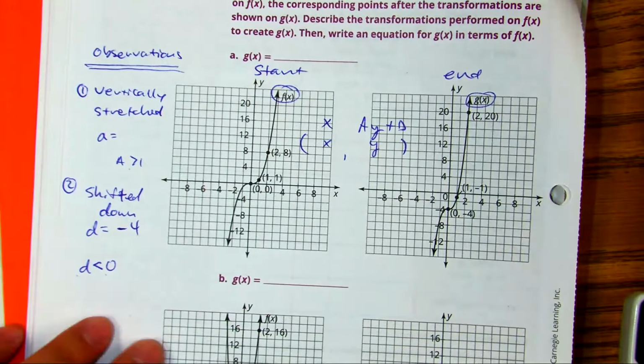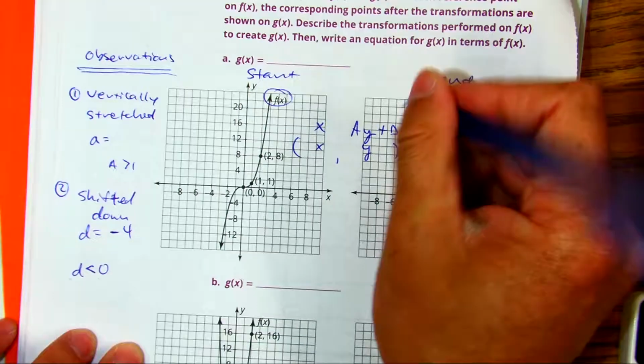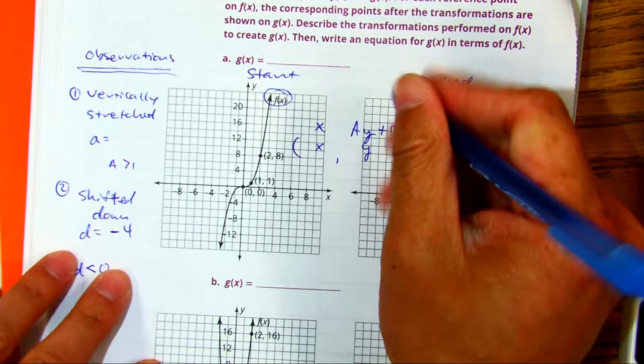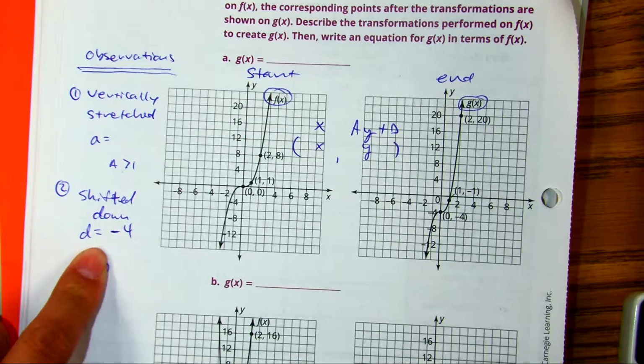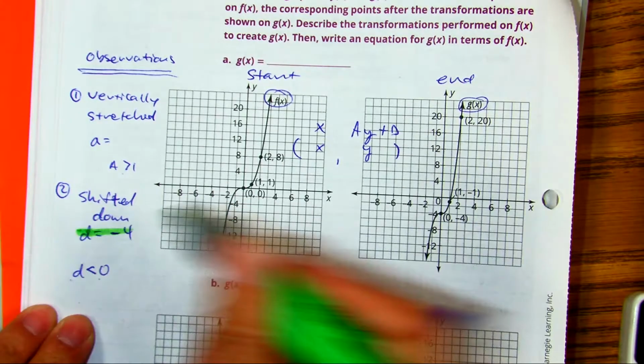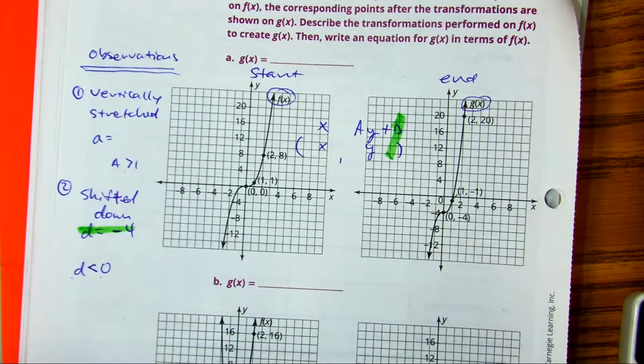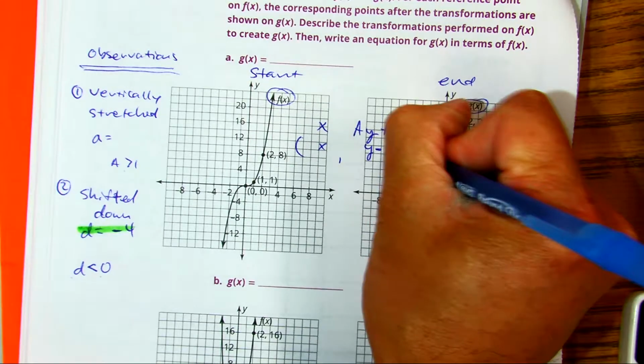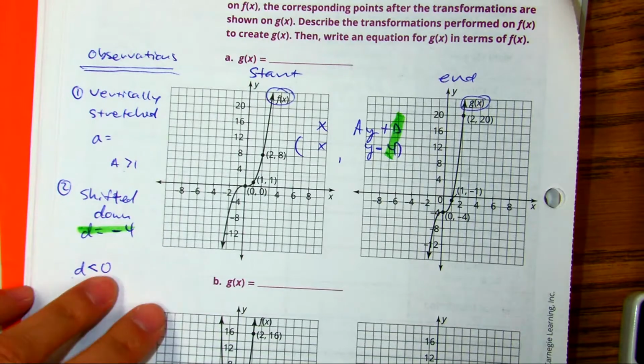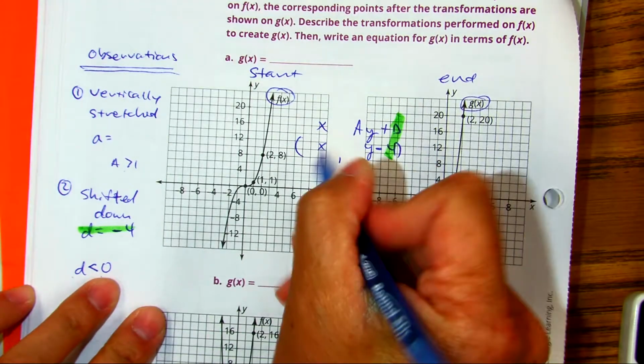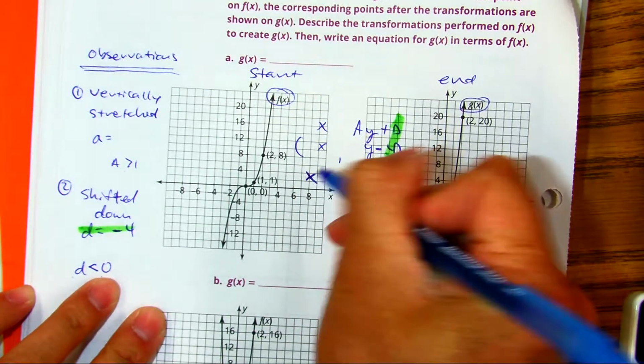So I'm trying to figure out this A value for my formula, and I know my D value is negative 4. So we need to figure out an A value. So how do I do that? Well, if I know it's affecting the Y coordinates, I'm just going to write down all of the order pairs.